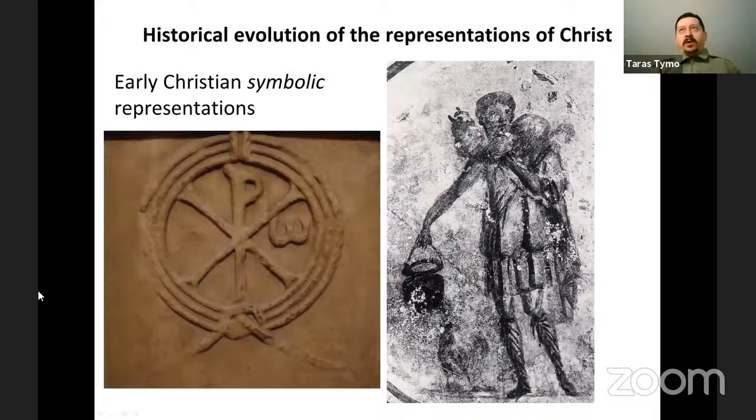As you remember from our earlier presentations, the earliest Christian representations of Jesus were symbolic, where the human figure is completely replaced by some meaningful symbol, like the monogram of the Greek letters Chi-Rho and Alpha and Omega in this case, or a symbolic representation of, say, the Good Shepherd, one of the most recognizable images of Jesus from the Gospel.